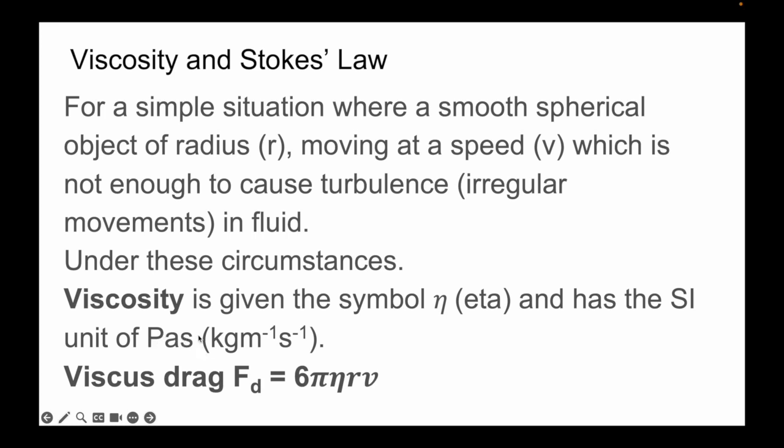It's a French sort of pronunciation of this word, and it's kilograms per meter per second. And the viscous drag formula is given by this, which is 6 pi eta times the radius times the velocity. And this is one of our data booklet references from A2.